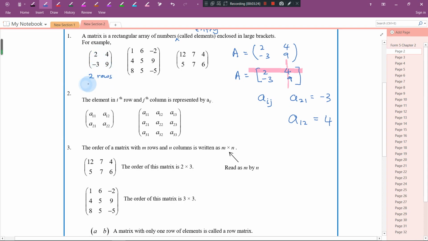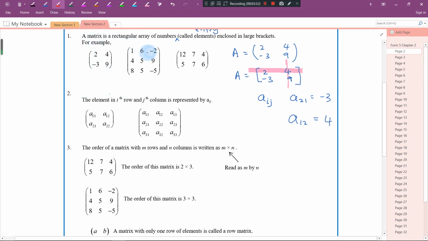How many columns? 2 columns. So the order of this matrix will be 2 by 2. When we state the order of a matrix, we need to mention the number of rows first, followed by the number of columns.